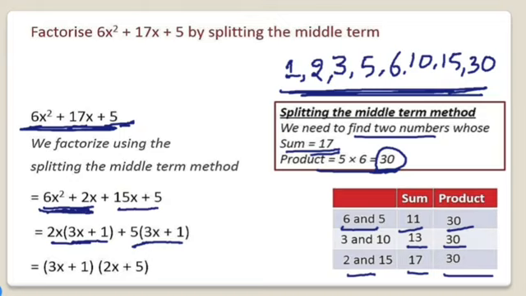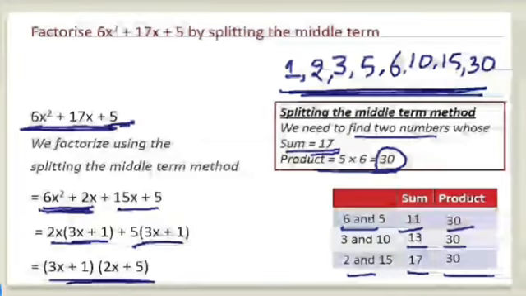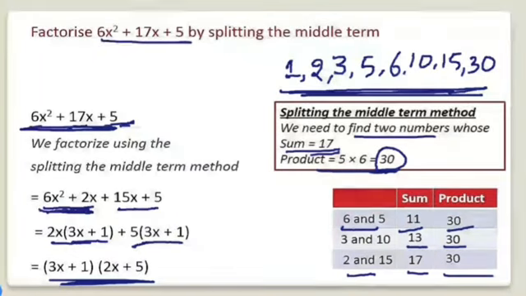So these two are the factors of this polynomial. So factors of this polynomial are 3x plus 1 and 2x plus 5. So this is the solution for this problem. I hope everyone understood well.